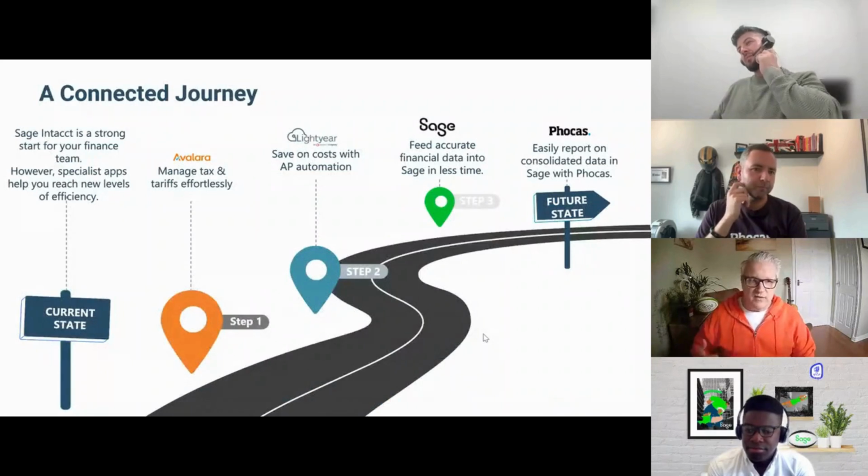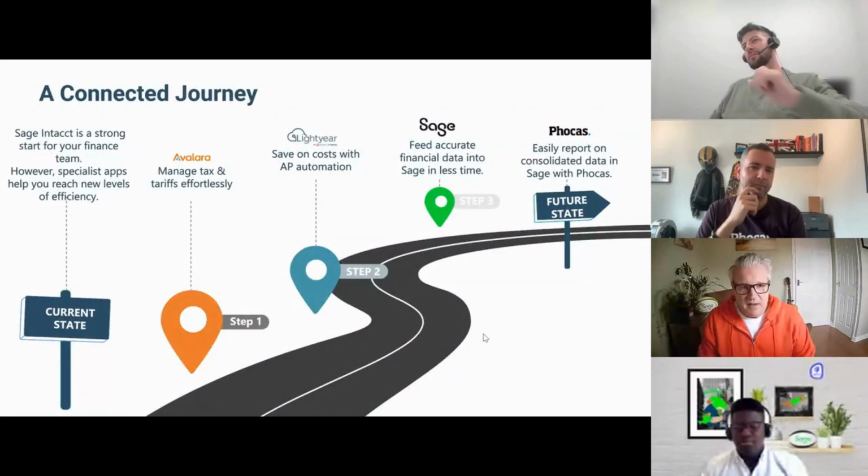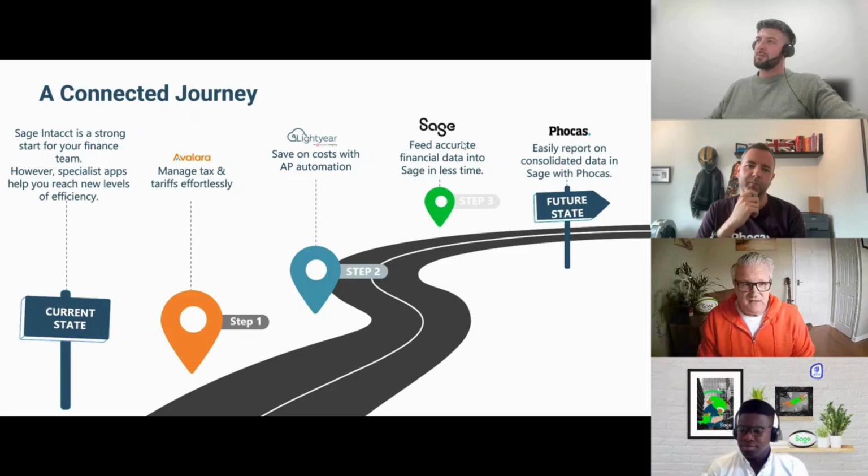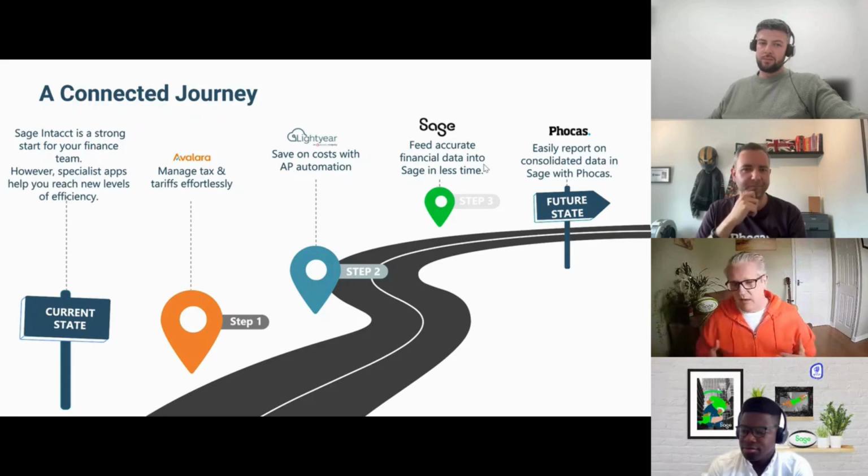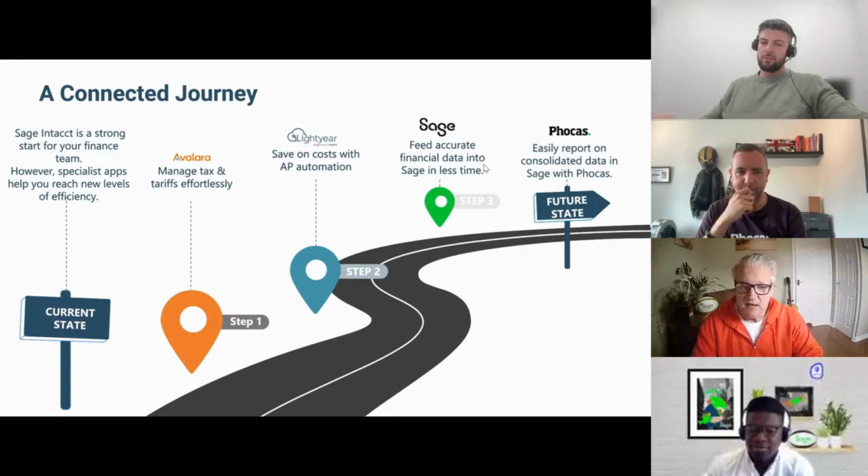With Intacct having that excellent specialist capability, other organizations help them plug in some gaps of expertise. Avalara manages tax, Lightyear looks after savings and costs and automates accounts payable.